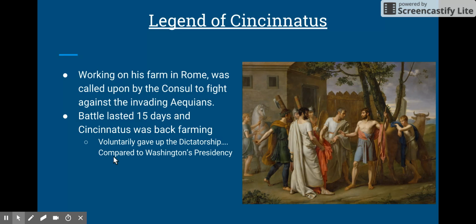The Aequians were invading into Rome, and the consul members could not band themselves together quickly enough, so they decided to bring in Cincinnatus. What makes this such an amazing story was the fact that Cincinnatus was able to leave his farm, assemble a military, and defeat his enemy within 15 days. And then he gives up the dictatorship and goes back to farm.